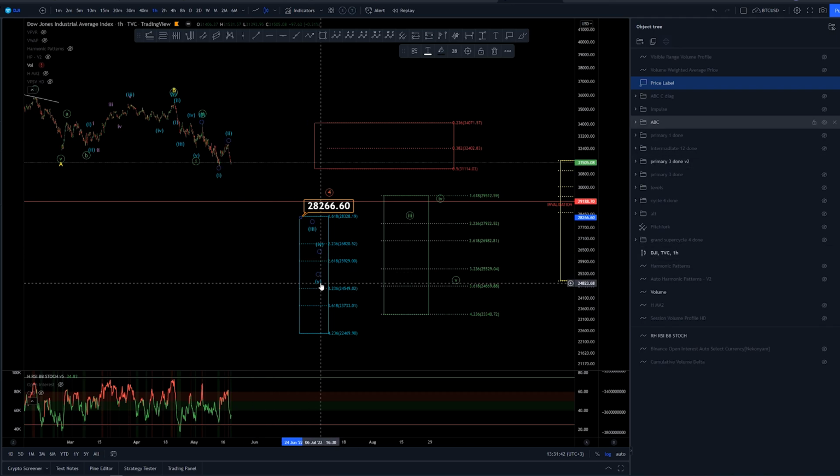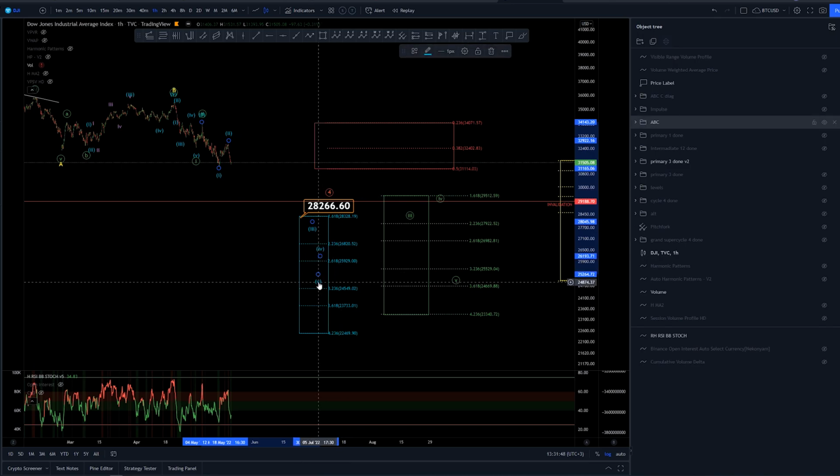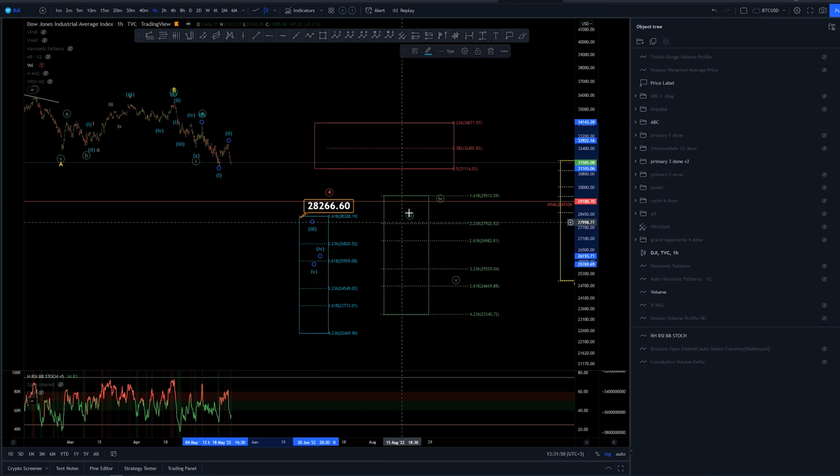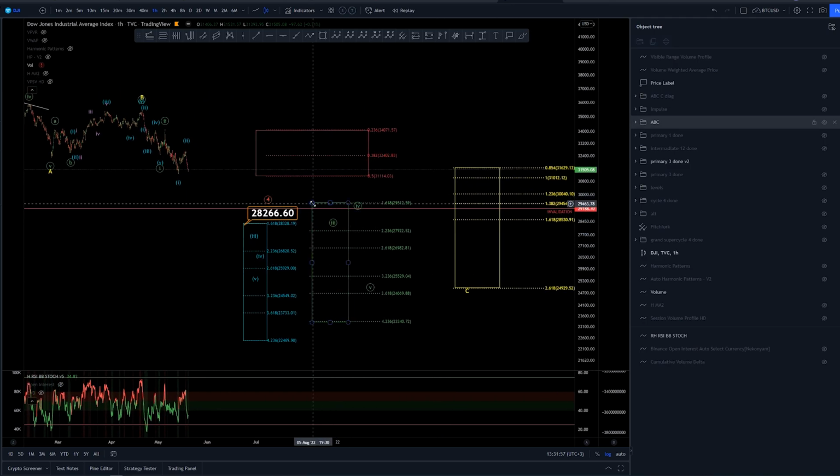After that one, we have some kind of pullback for the wave 4 of minuet, and then the fifth of minuet, where we are looking for again the targets for the wave 3 of minute for the green box.